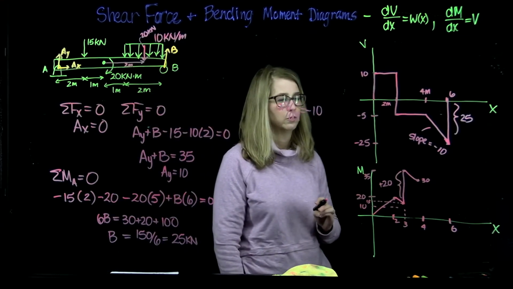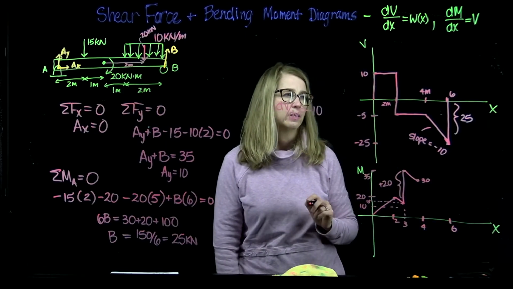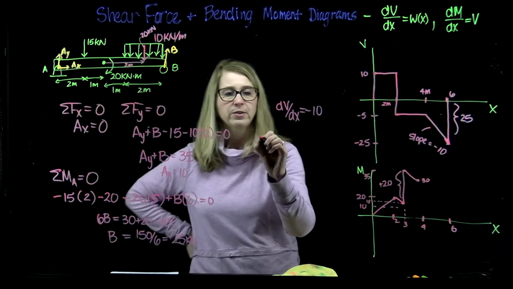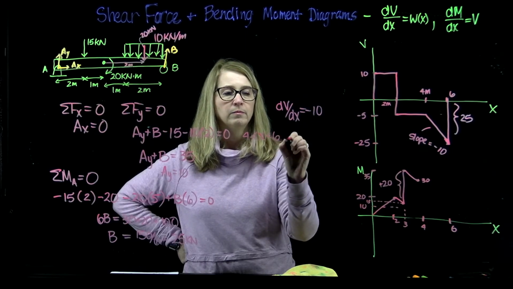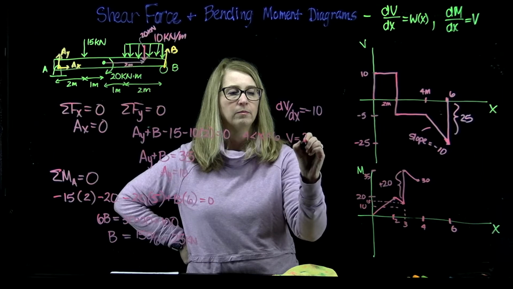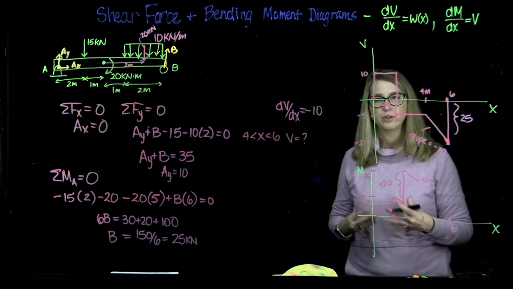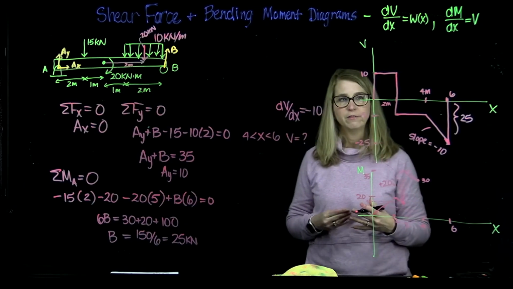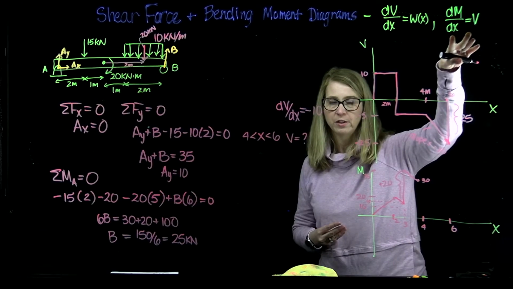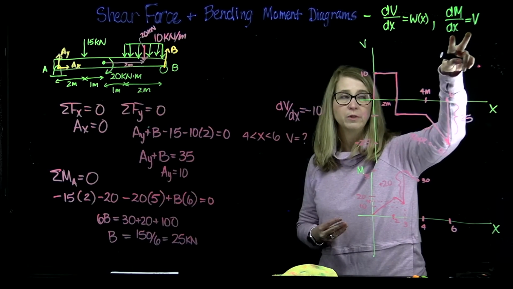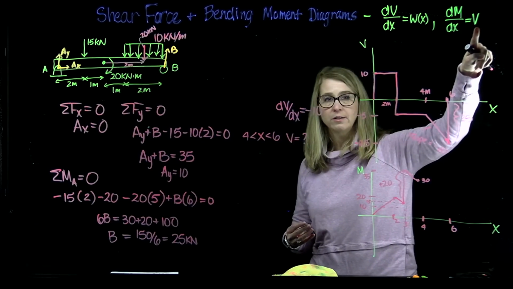Then, this is where it gets tricky, because when we go from 4 to 6, we need to know what the expression is for the shear force because we're going to have to integrate to find the function for the bending moment here, because it's not as simple as this being a constant value.